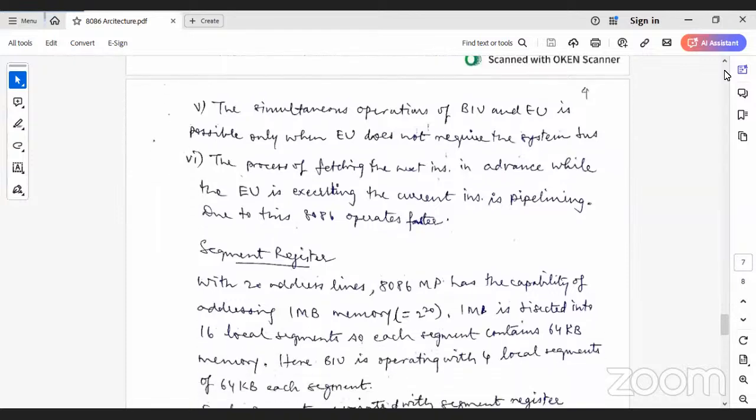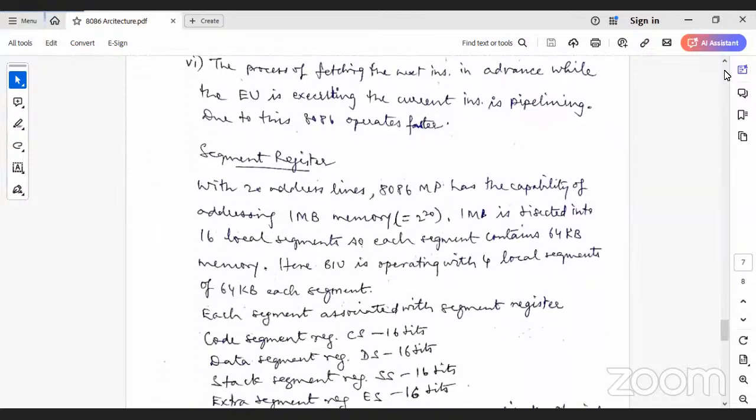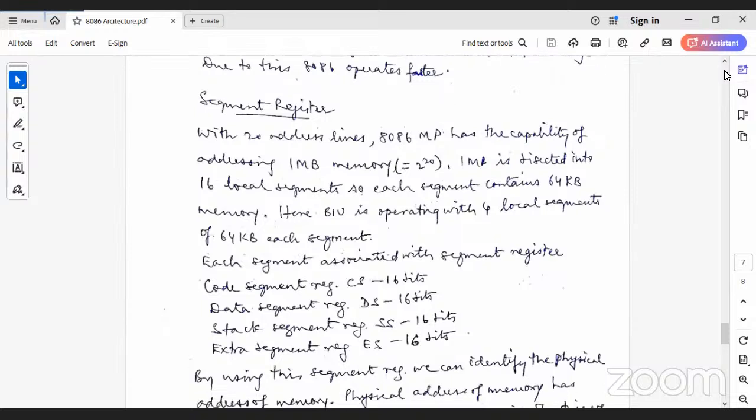Now, the other block in your BIU is the segment register. In the 20 address lines which we have seen, this one point is a little different, which you have to notice.